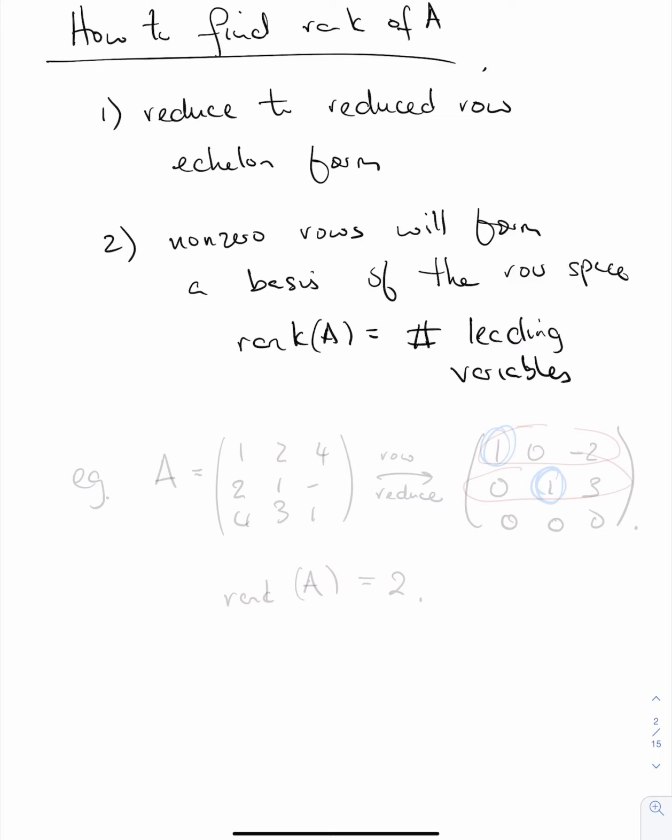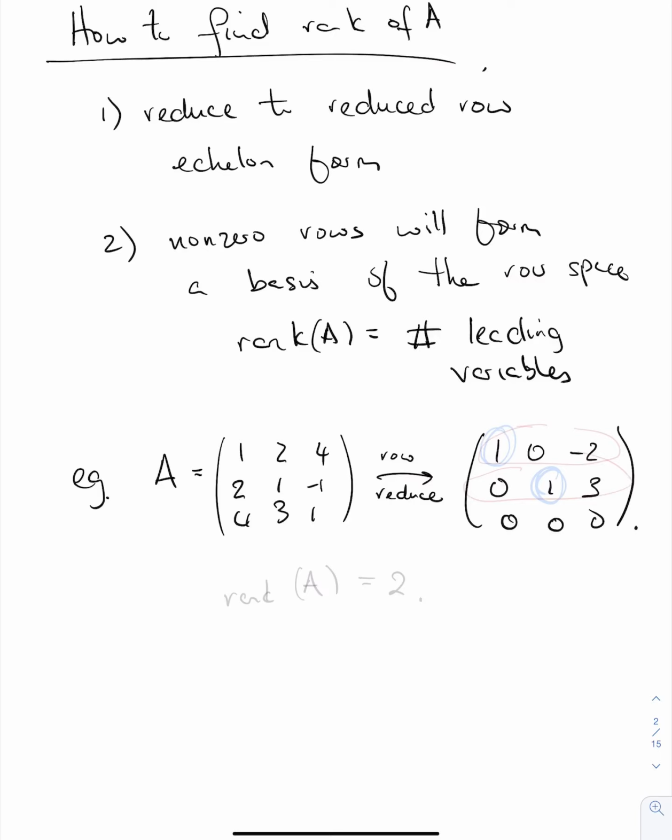Let's do an example. Say A is this matrix: 1, 2, 4, 2, 1, 3, 4, negative 1, 1. We can row reduce to 1, 0, negative 2, 0, 1, 3, 0, 0, 0. All right.